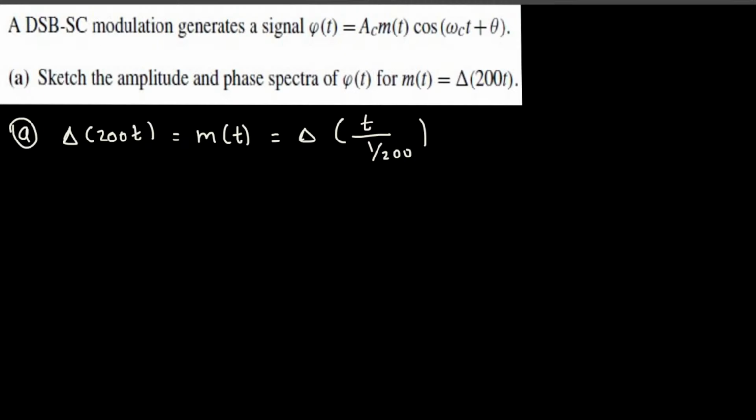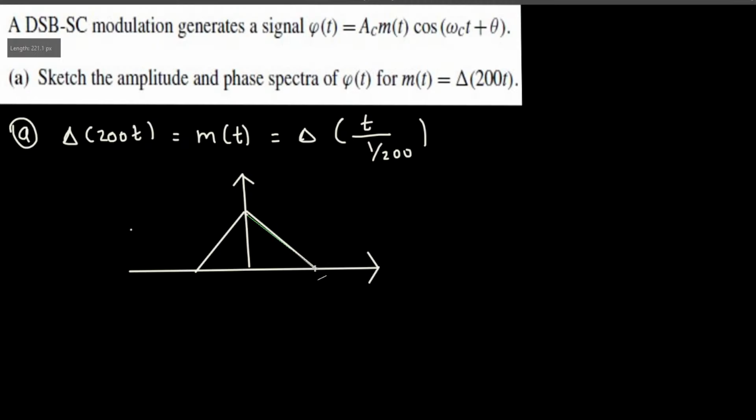So if you draw the graph for it, this is a triangular pulse with a width of 1 over 200 from the origin.